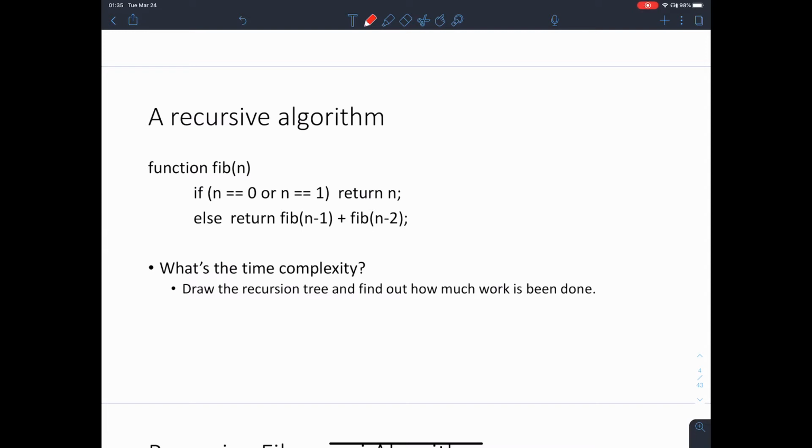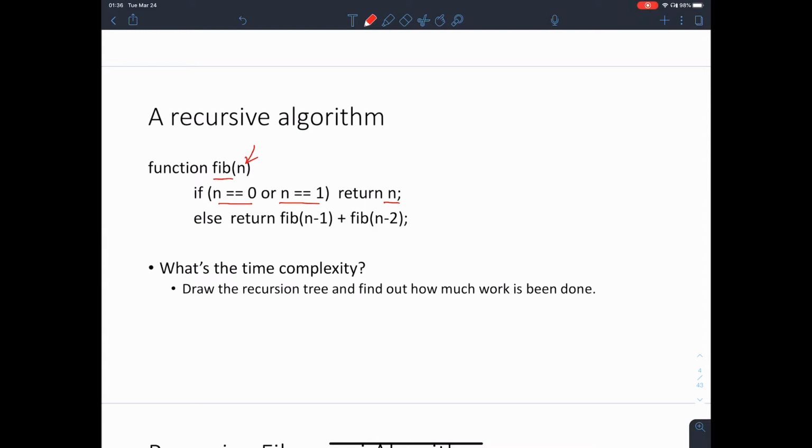We name the function fib and it takes one argument n. At the beginning, we check whether n is 0 or 1. If n is 0 or 1, we return n as the result. That means the 0th Fibonacci number is 0, and the first Fibonacci number is 1.